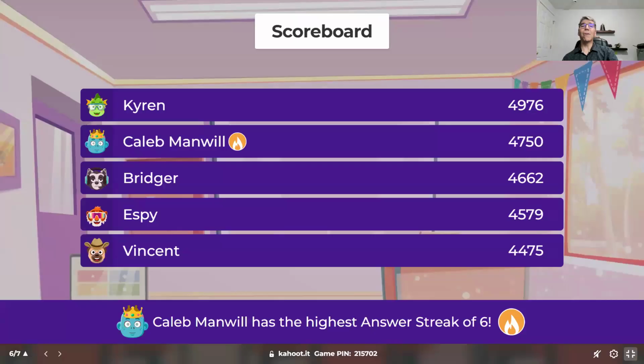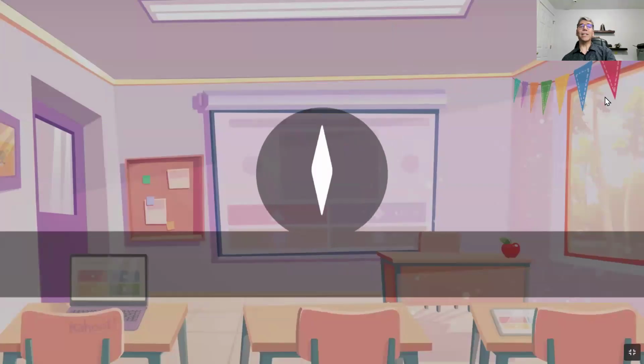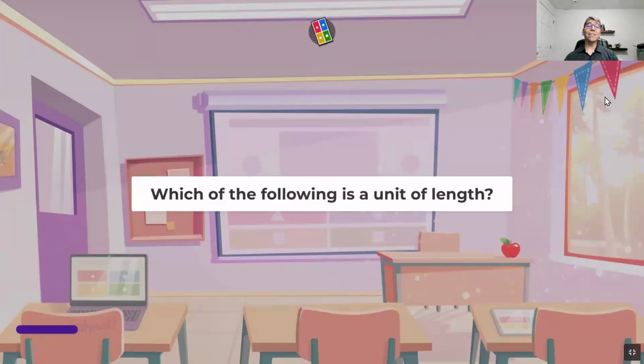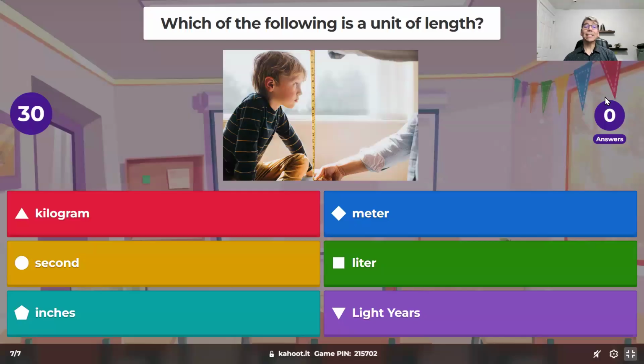Good deal. Let's see now. All right. Ooh, SP coming back up, and Vincent and Ali trying to catch up there. The last one, multi-select. Which of the following is a unit of length?